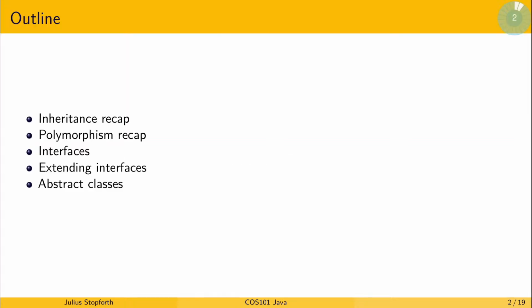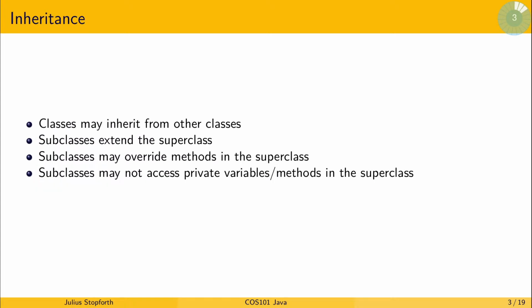Just briefly, with inheritance, classes may inherit from other classes using, in Java, the keyword extends. So that's how you say we are inheriting from something. The subclasses extend a superclass, so they go from a more general class or idea to a more specialized version.